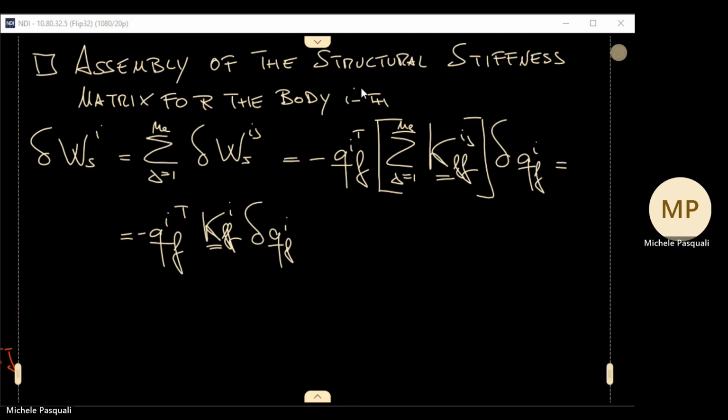Of course it means that K_ff is equal to the sum.